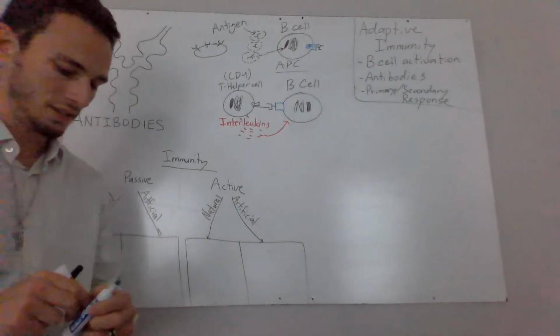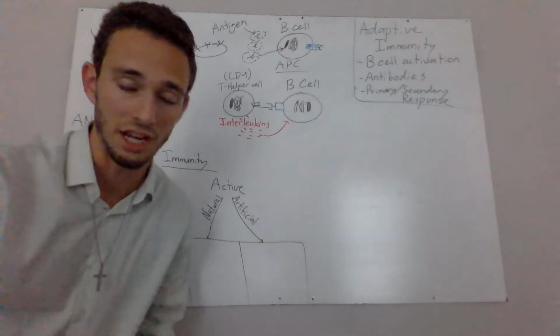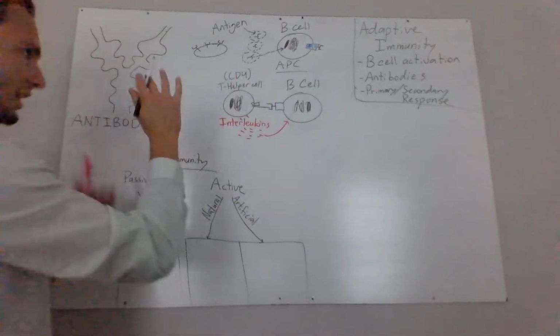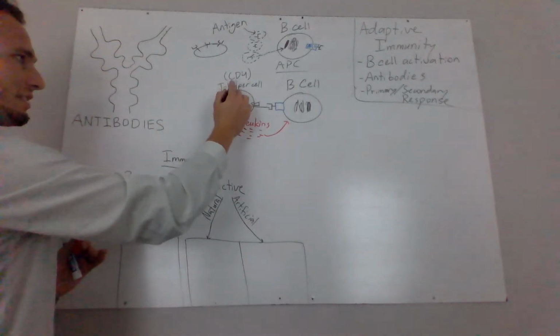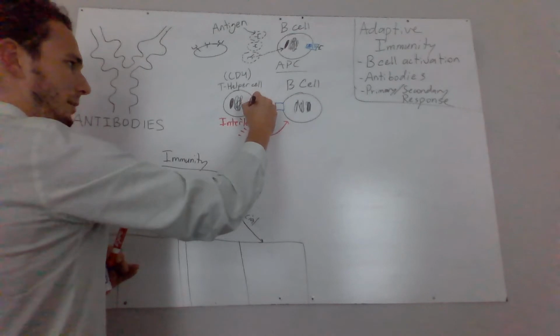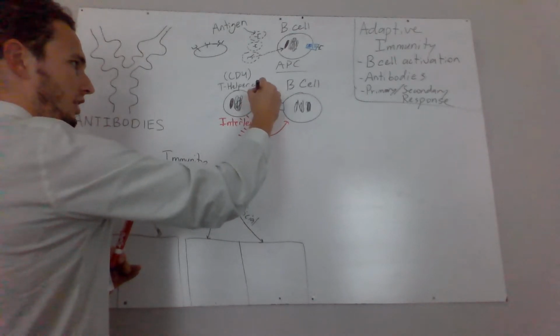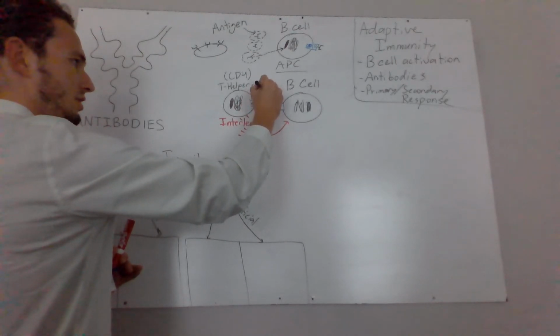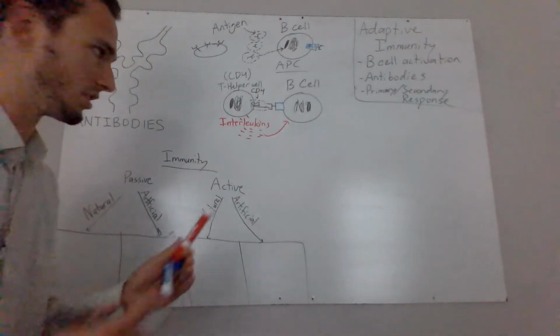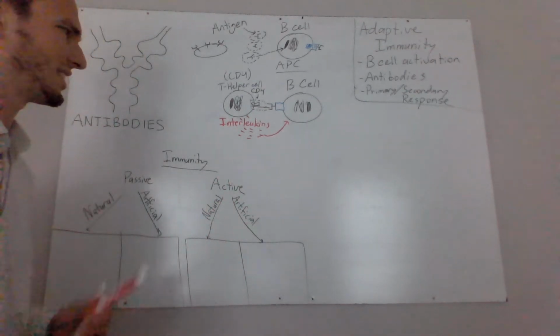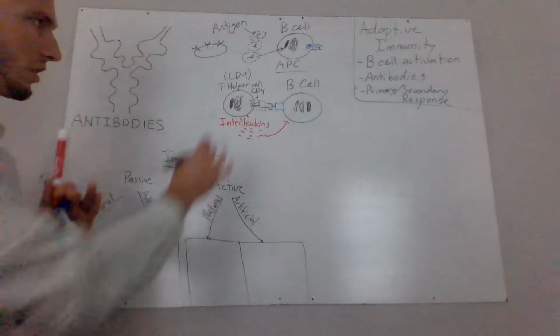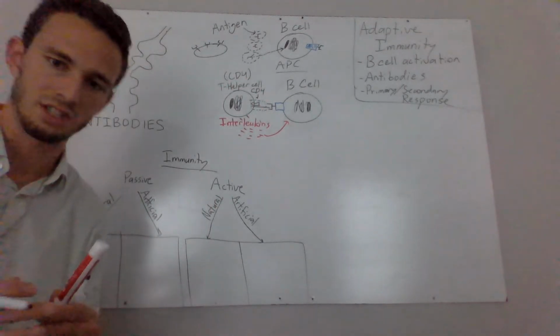This will stimulate the B cell to differentiate. And what I wanted to connect is that the reason it's called a CD4 cell is because this complex right here on the T helper cell is considered the CD4 protein complex. There are several different chains of proteins, and carbohydrates as well, but we're just going to say it's CD4 to simplify.